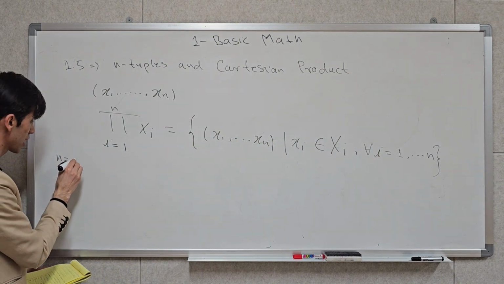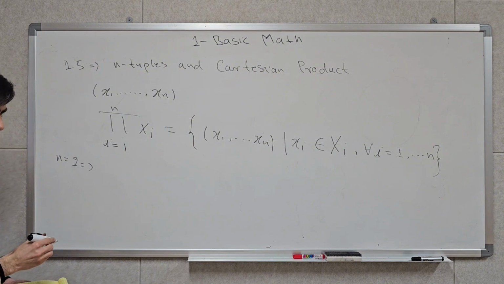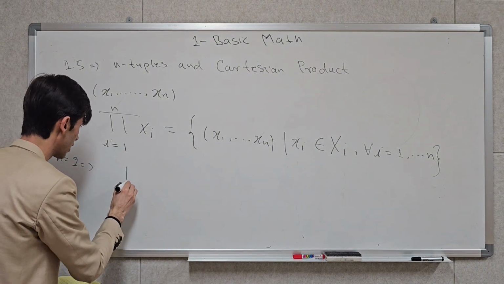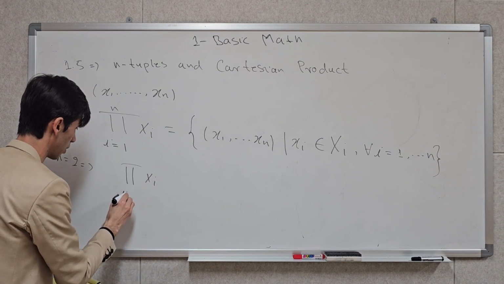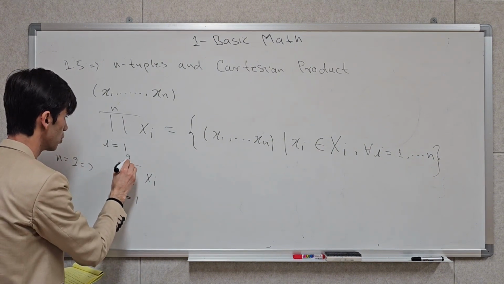If we, for example, think about n just equal to 2, then this Cartesian product will change to the product of X_i from i equal to 1 to 2.